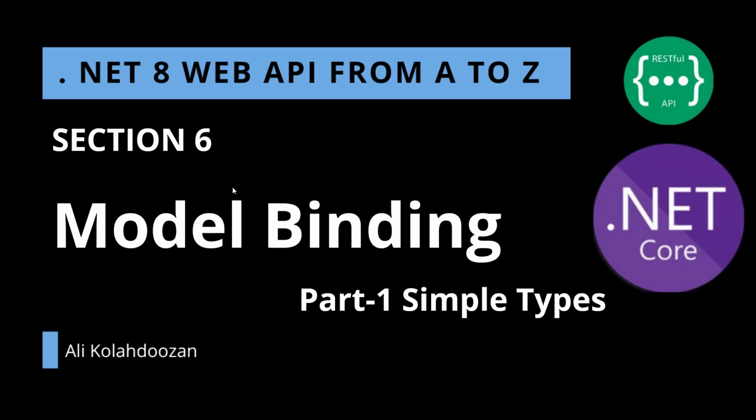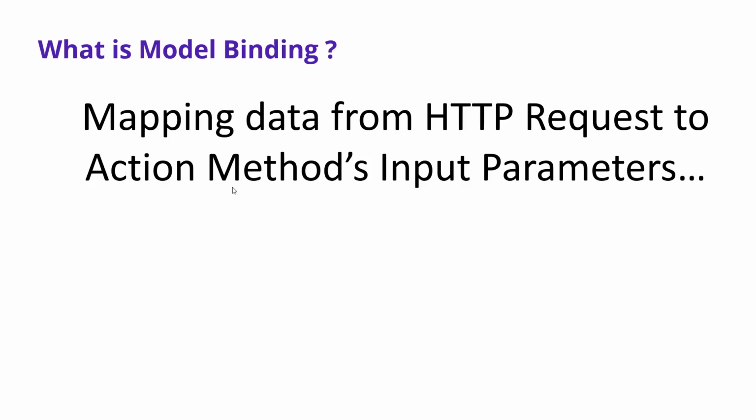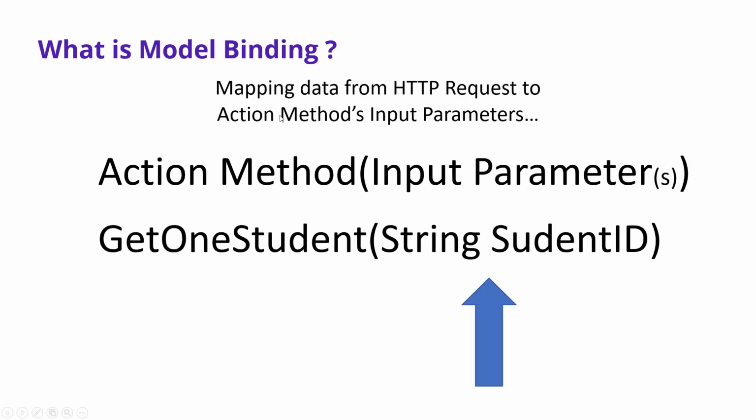Let's see, what does model binding mean? When we try to map the HTTP request data to action method's input parameters, model binding would happen. Let's see an example to make it more clear.